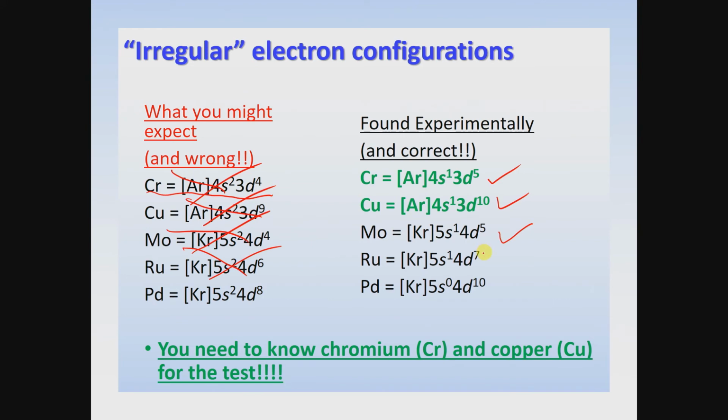You don't have to remember that one. That's unusual. The only ones you really have to know are the ones where all you need to do is take 1 electron from a lower energy s sublevel, and if you add it to the d sublevel, it will either completely fill it with 10 electrons or half fill it with 5 electrons. That's the only thing you'll need to know.